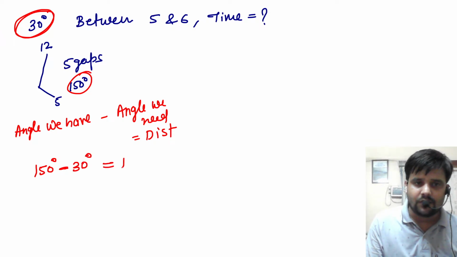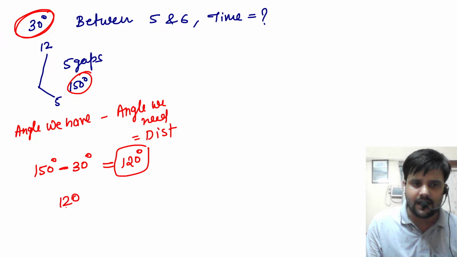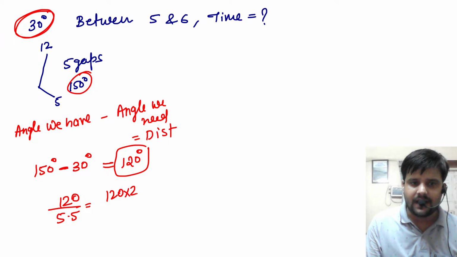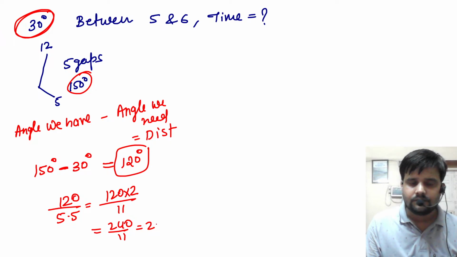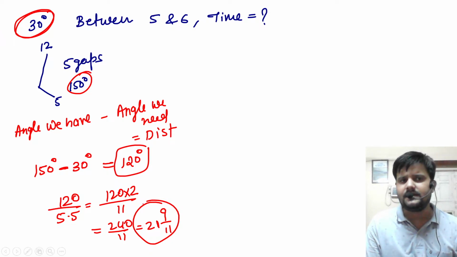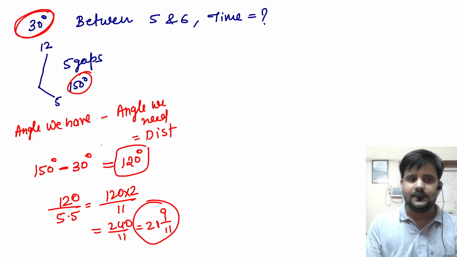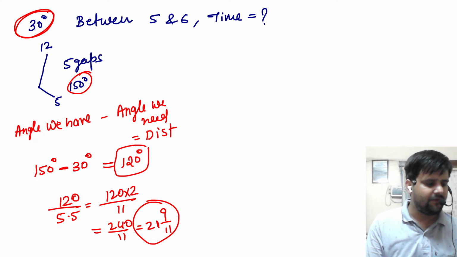So the distance I have to cover is 120 degree, covered at relative speed. So that would be 120 divided by 5.5. So your answer will be 120 into 2 by 11, so it will be 240 by 11. So it is 21 whole 9 by 11. This is the first instance when this 30 degree will be formed.